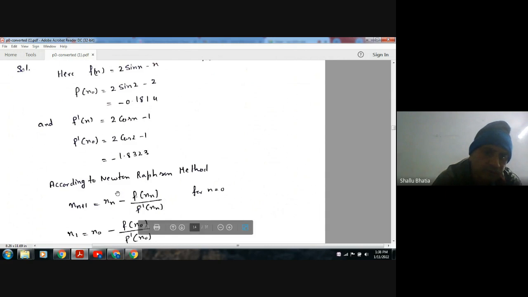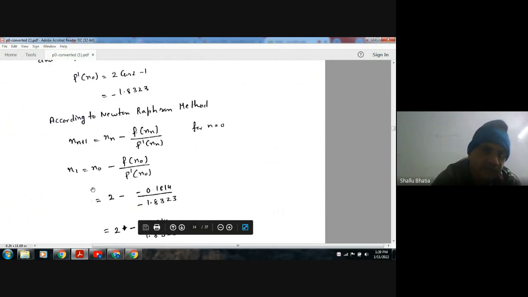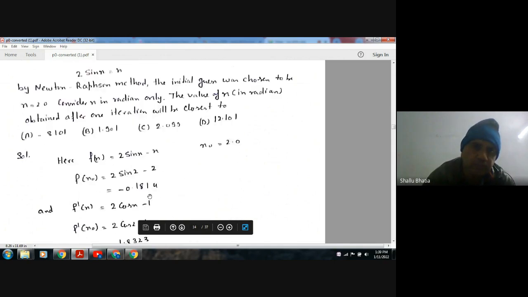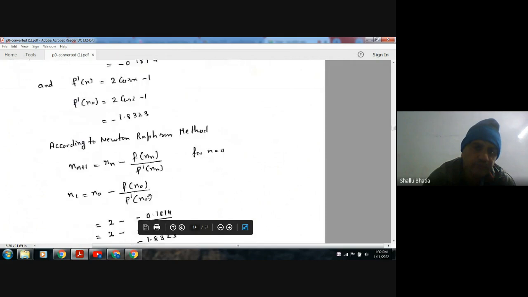Now, according to the Newton-Raphson method, the next term is x_{n+1} = x_n − f(x_n)/f'(x_n), and x_n is here x₀. We have f(x₀) and f'(x₀), so putting these values we can get the next term. So the answer is 1.9009 or 1.901, option B.